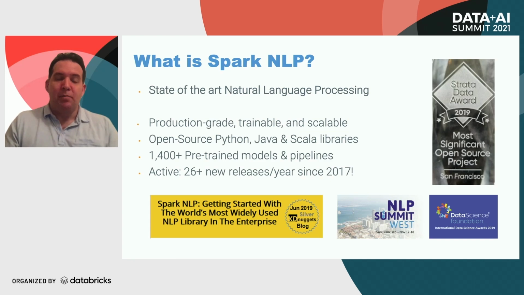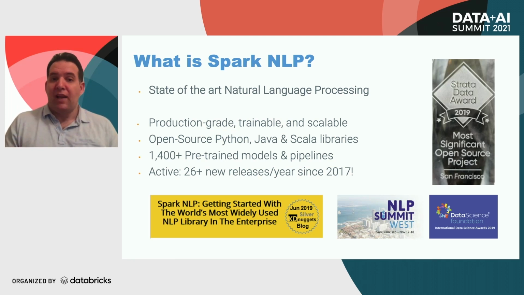So Spark NLP is an open source software library for state-of-the-art natural language processing, with the goal of taking the latest improvements in research, mostly around deep learning and transfer learning nowadays, and providing you with production-grade, scalable, and trainable versions of those new innovations.